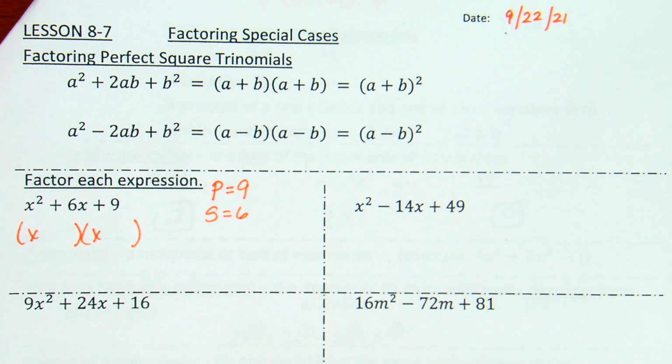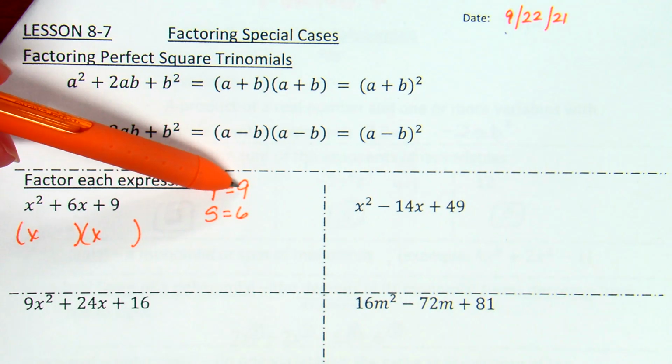That's my way of saying multiply to be 9, add to be 6. If you'd rather write M and A for multiply and add, that might be better. What kind of numbers multiply to be 9? 3 and 3? Officially 1 and 9 also, but if you see it, you don't have to make the list. If 3 and 3 is your first thought, 3 times 3 is 9, 3 plus 3 is 6, can you just go ahead and use that?